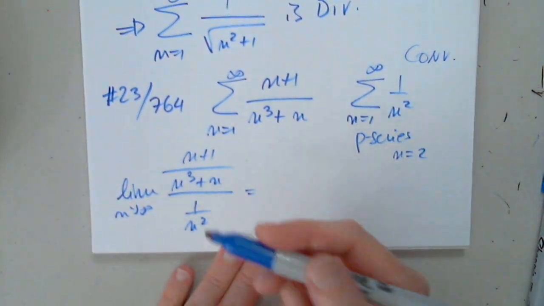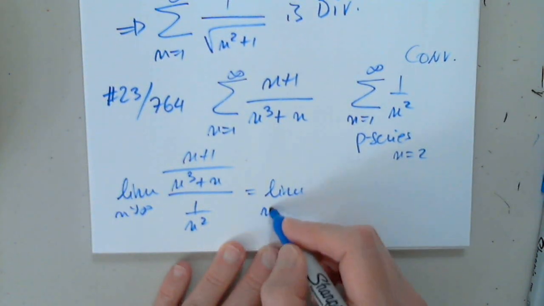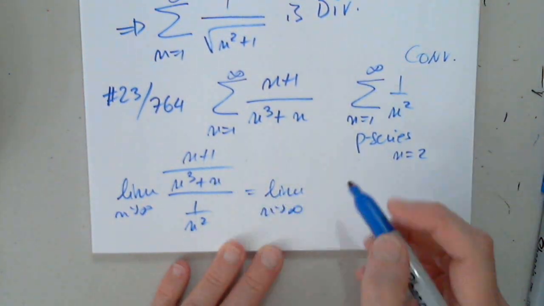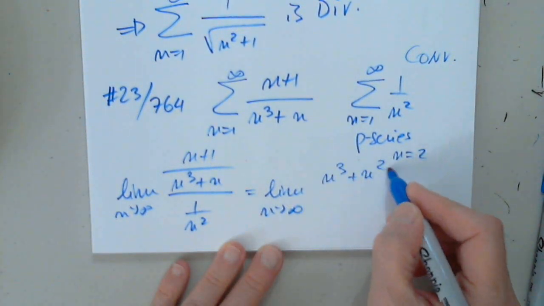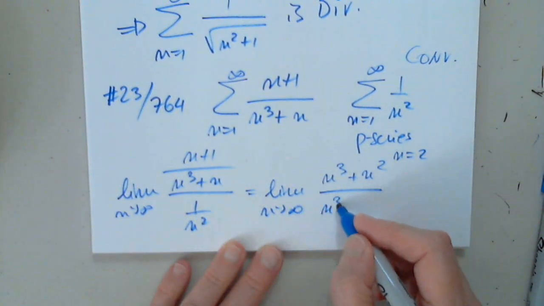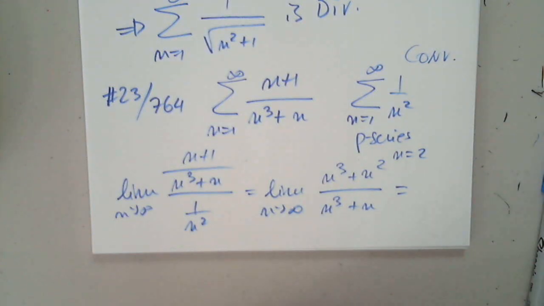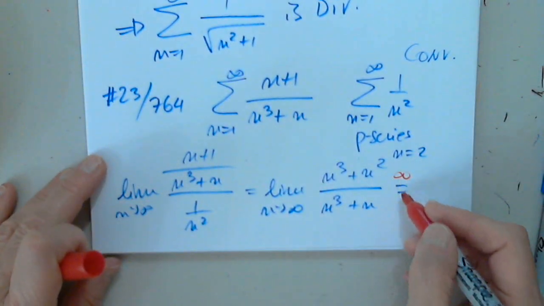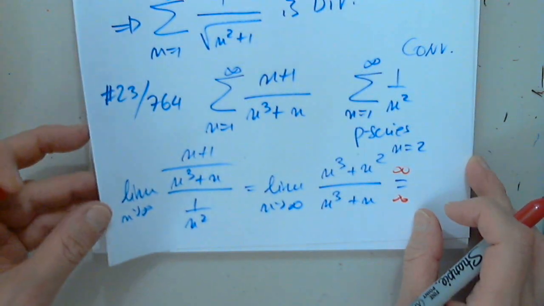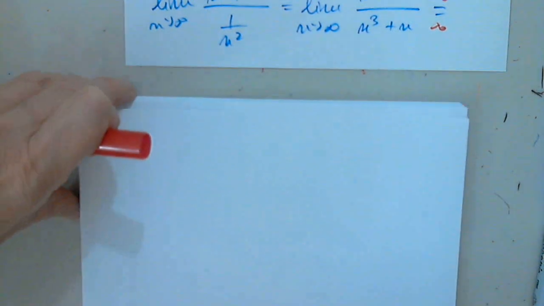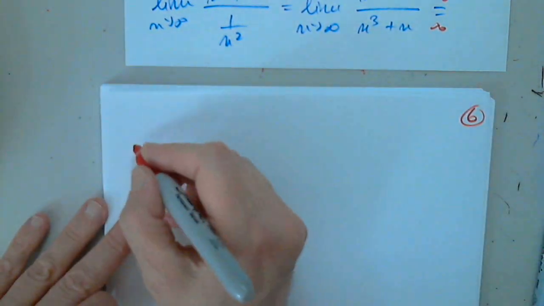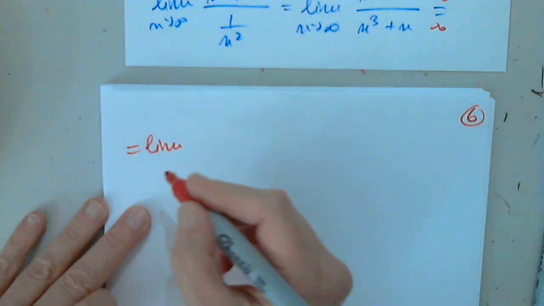Remember, we have to flip the denominator, so we have limit n approaches infinity. So we have n cubed plus n squared over n cubed plus n. And yes, what I just did a few minutes ago, I will factor out the degree, or you consider that you apply L'Hopital's rule, whatever you want to do. Both are fine. In this case, I prefer just factoring out n cubed.